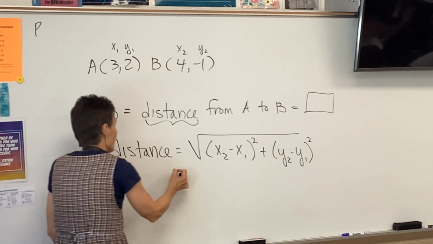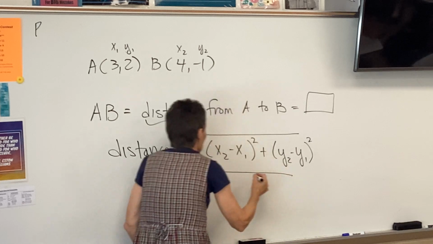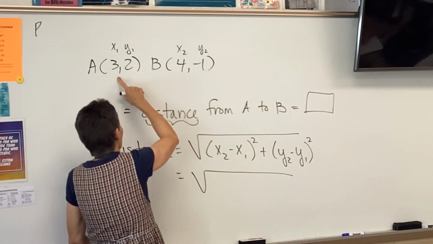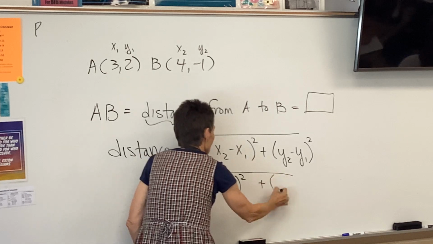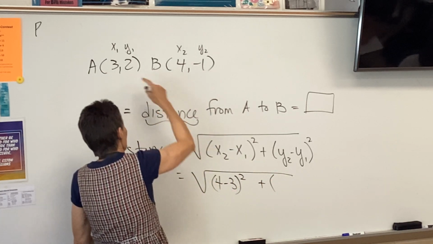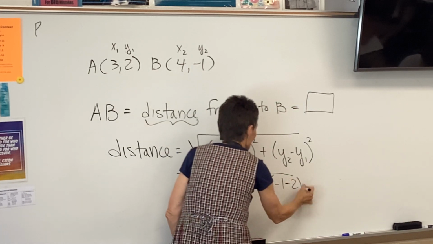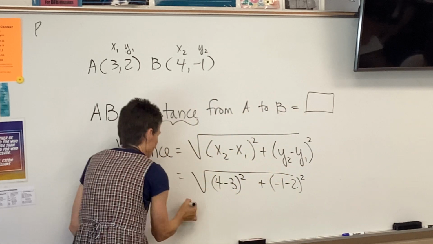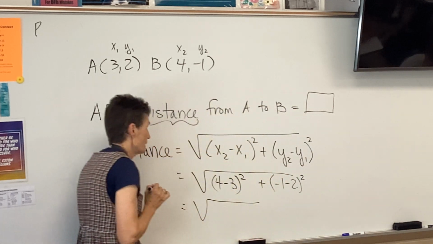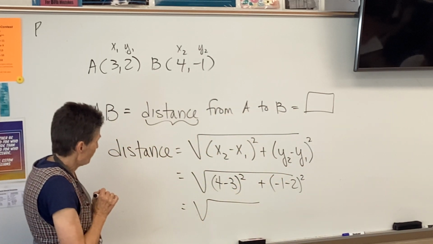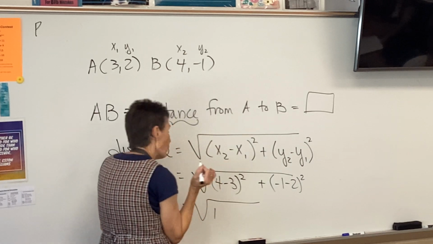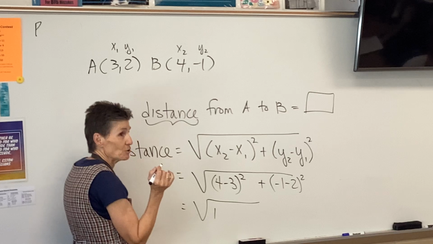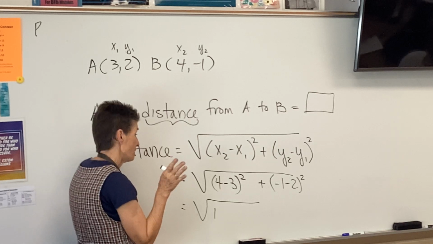So what does my formula say? 4 minus 3 squared, negative 1 minus 2 squared. So what am I going to end up with? I made 2 mistakes last period, so keep an eye on me today.